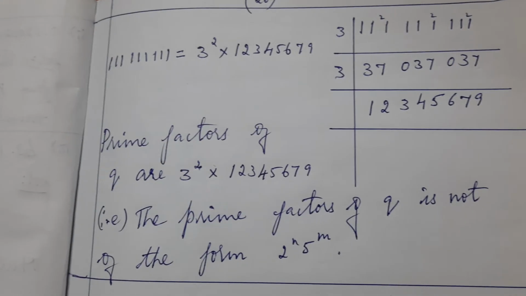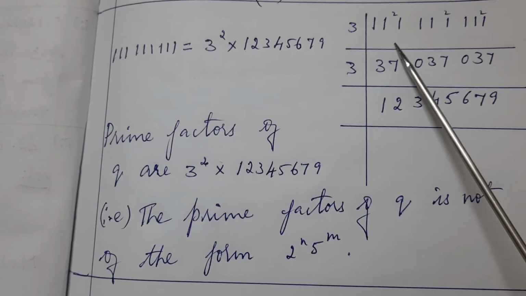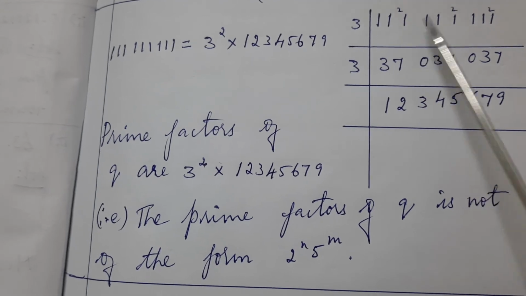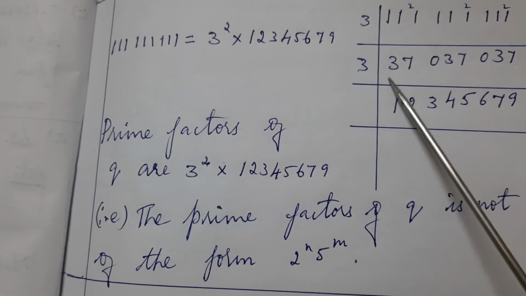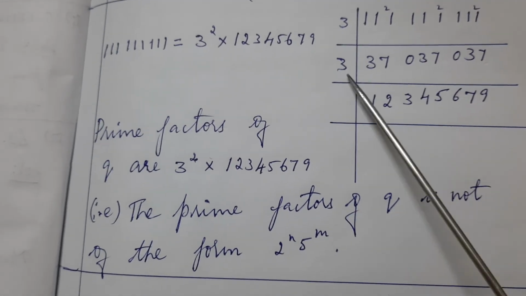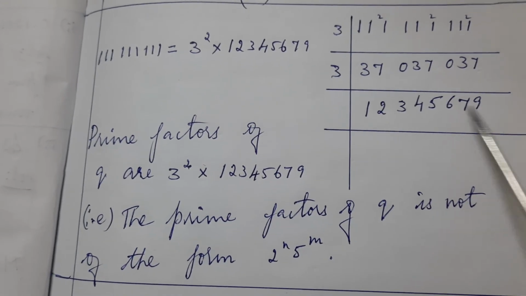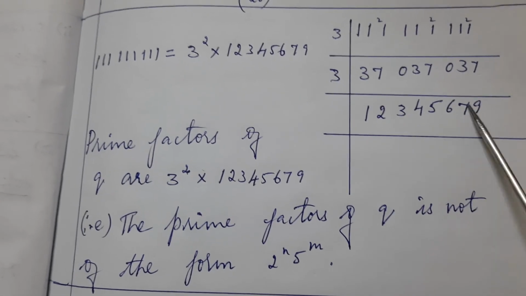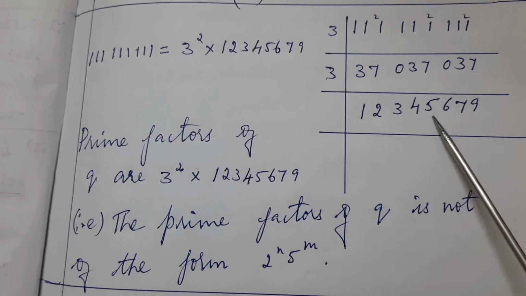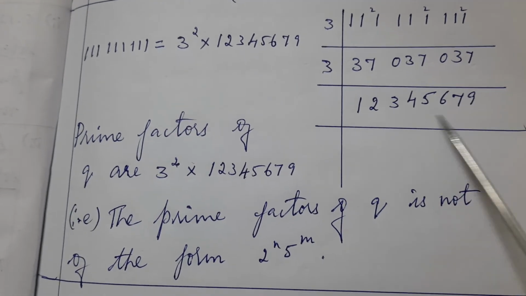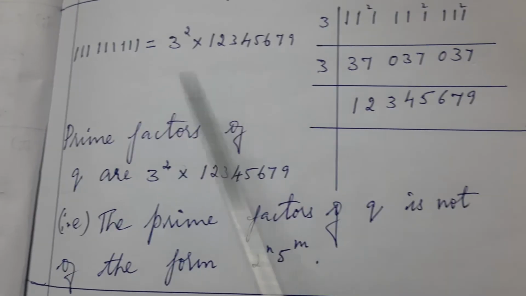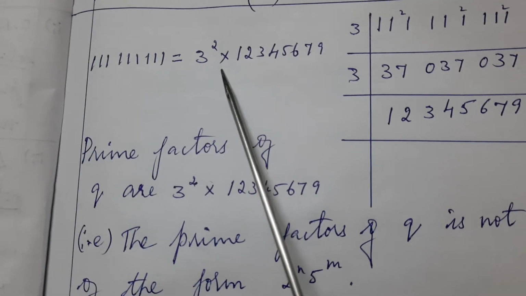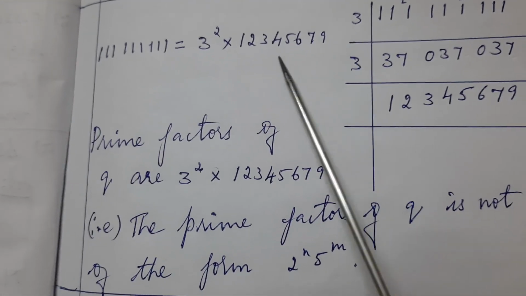Now I am finding the factors of the denominator. When I add these digits 3, 6, 9, it is divisible by 3. I got this. Again I can divide by 3. Then I am getting this. When I add this, I am not able to divide by any number. 3, 6, 10, 15, 21, 28, 37. I cannot divide, so I am writing it as it is. So the factors are 3 power 2, 2 times we have got, into this whole number.